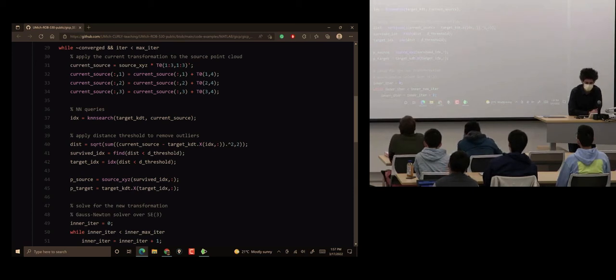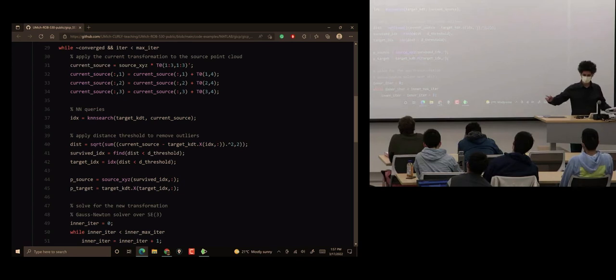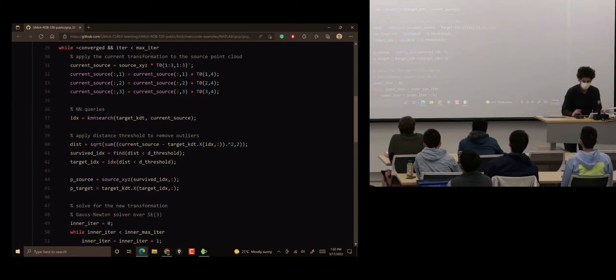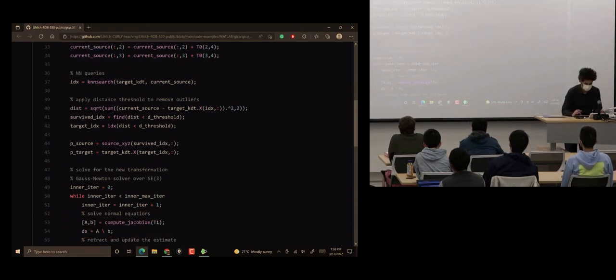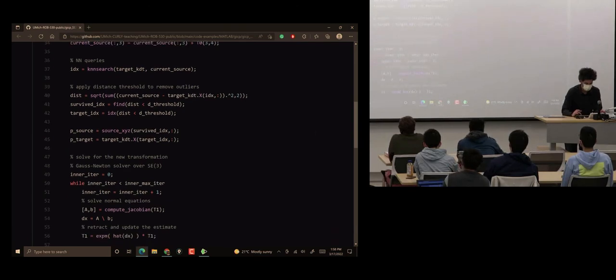I'm first rotating them and then translating them. Now I'm doing it all at once, right? There are a bunch of points. I'm applying a 3x3 rotation. That's why it's multiplied from the right side by transpose. Instead of writing a loop, I'm doing it all at once. In line 37, find the nearest neighbor between the target and the current source.